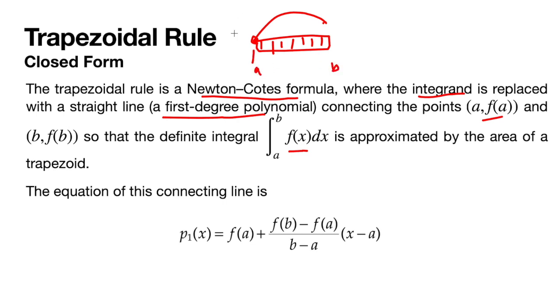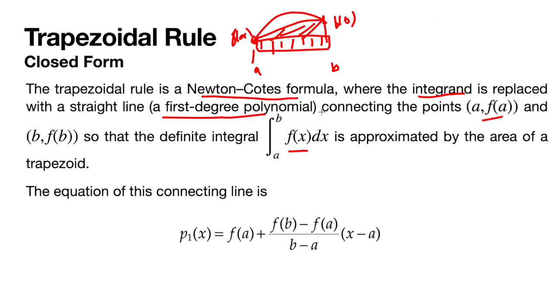This is f of a and this is f of b. Now what we will do is replace this function with the equation of the line joining these 2 points, a, f of a and b, f of b, and then calculate this area. So this is basically the trapezoidal rule.